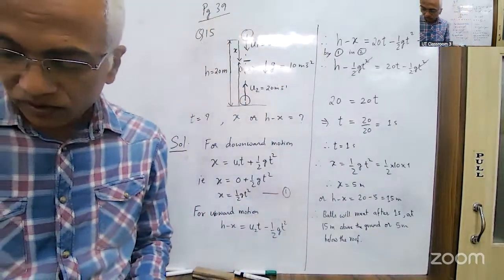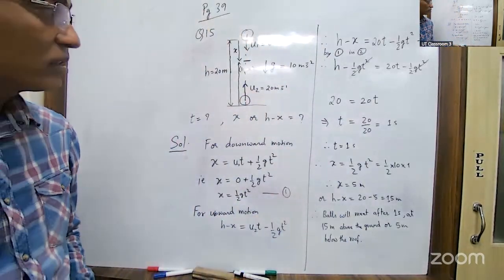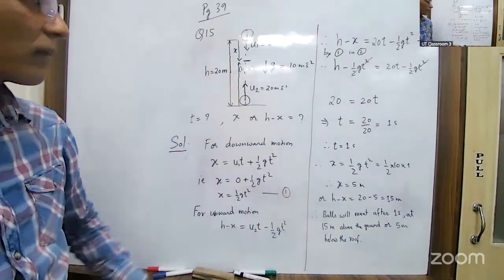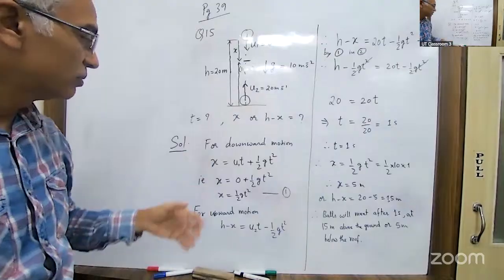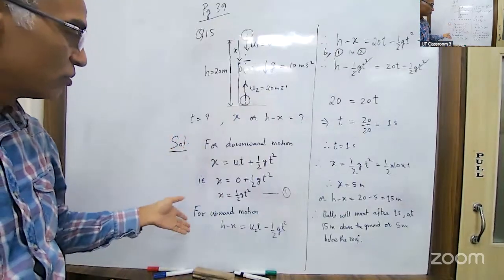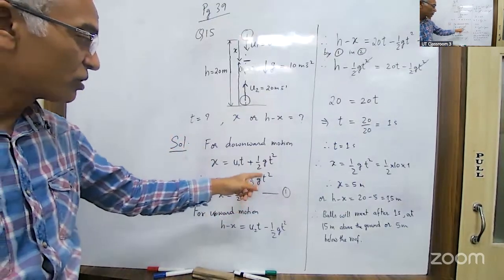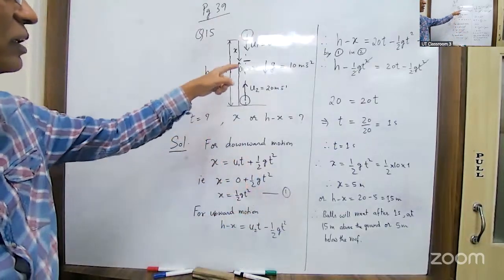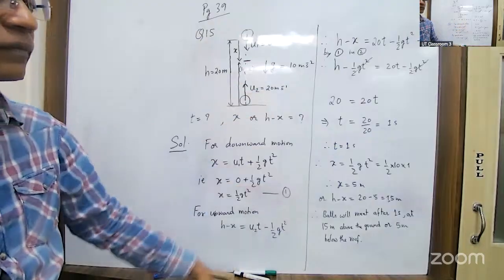So how we have done this question is, the time is the same. That's how we have done it. Just make two equations for downward and upward motion, apply the proper sign convention for g, and then substitute the given data. Okay.